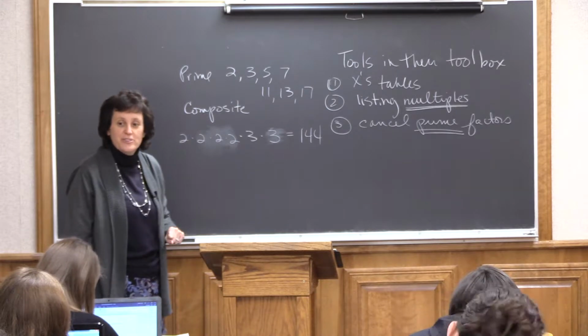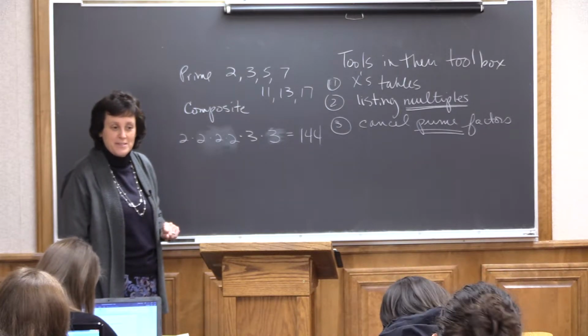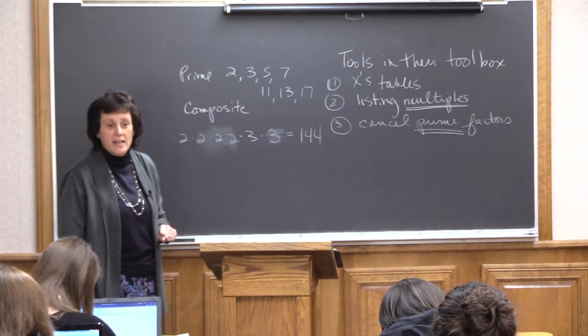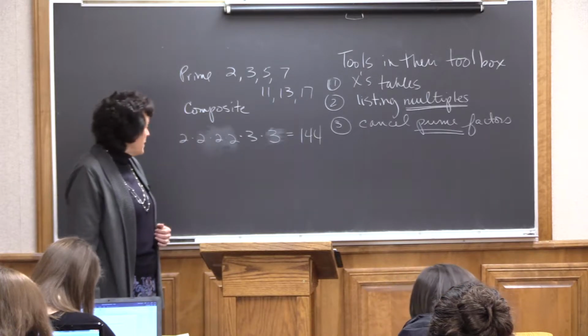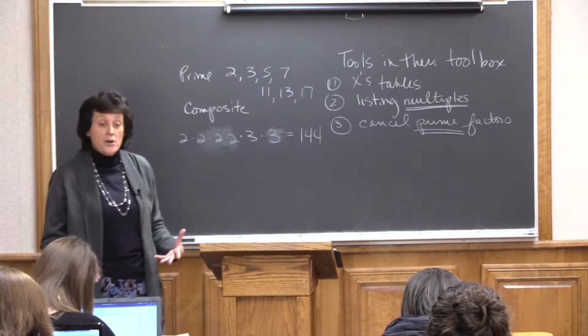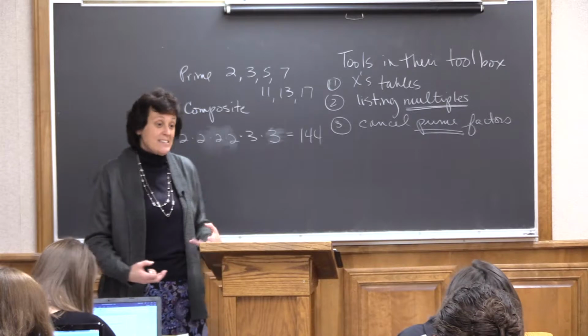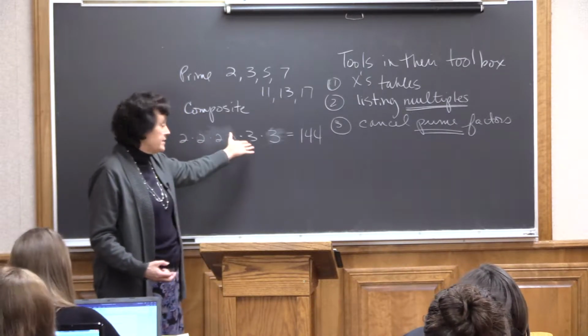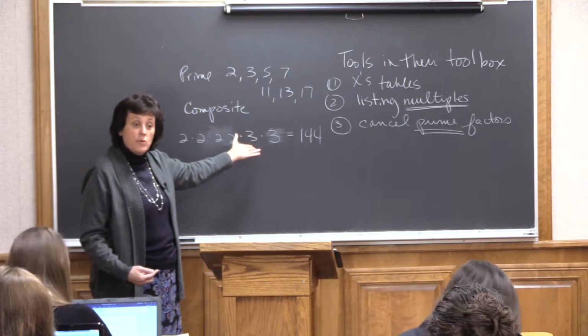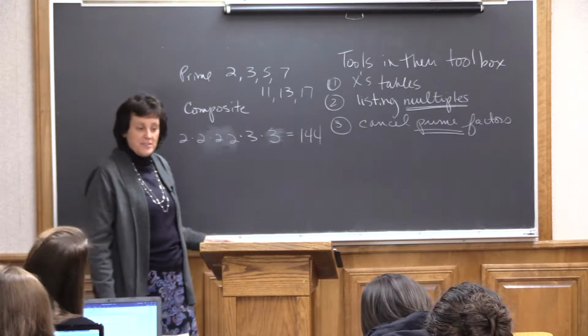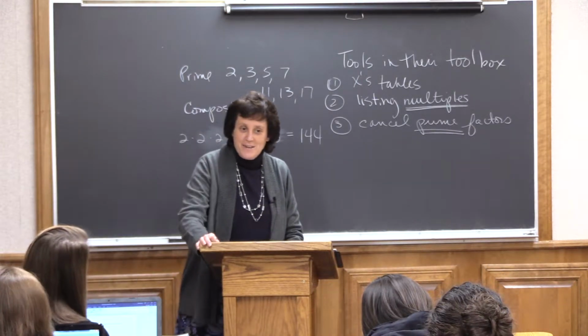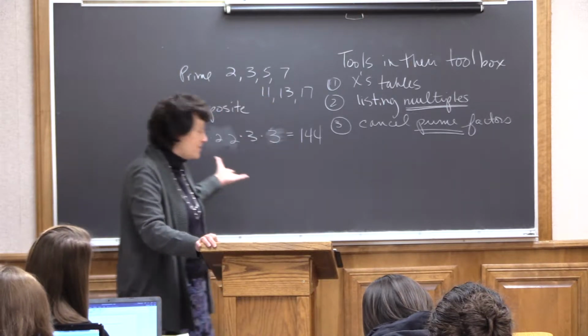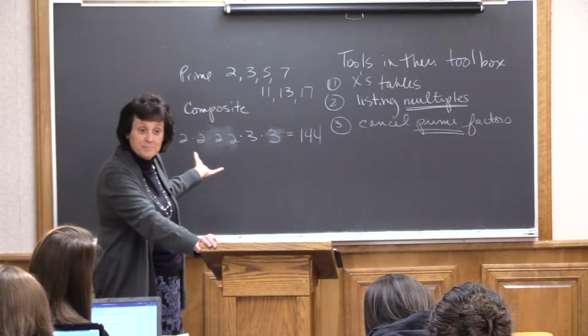144 is a very versatile composite number that I like to show you and look at it. We want to be able to now use the fact that 144 is 2 to the 4th power, 2 times 2 times 2 times 2 times 3 squared. So 144, you're going to find I will use a lot as a common denominator because look at all the different numbers that go into it.